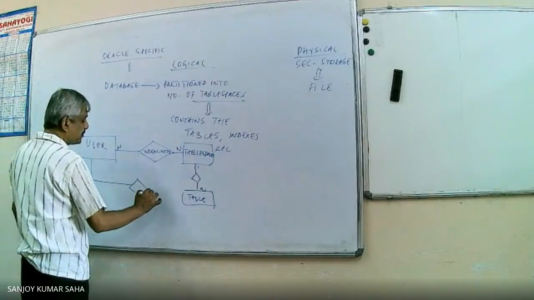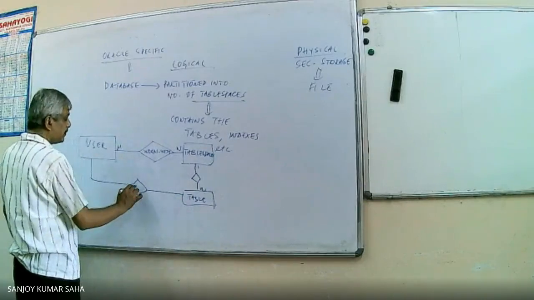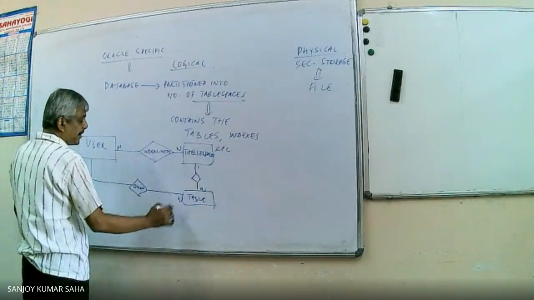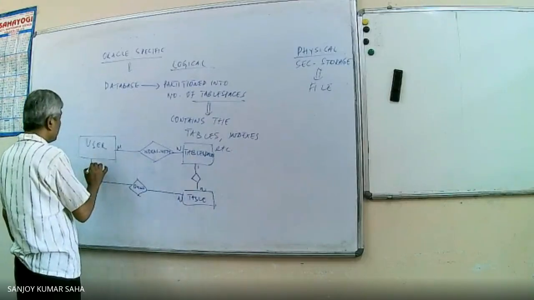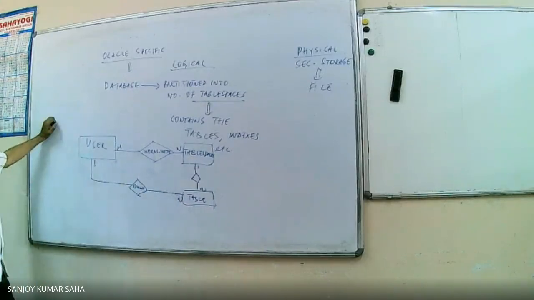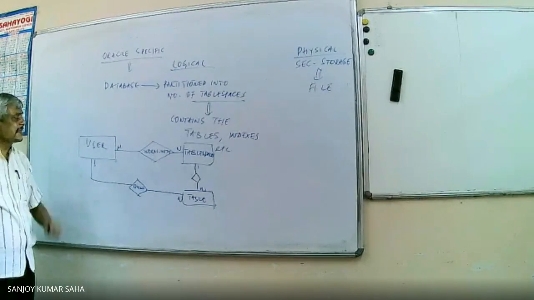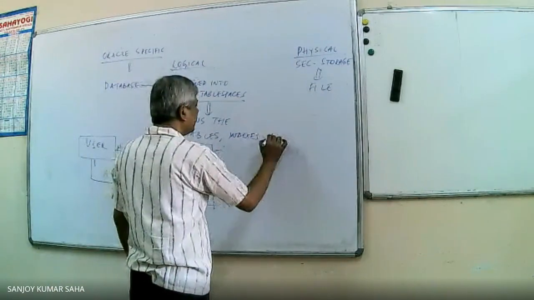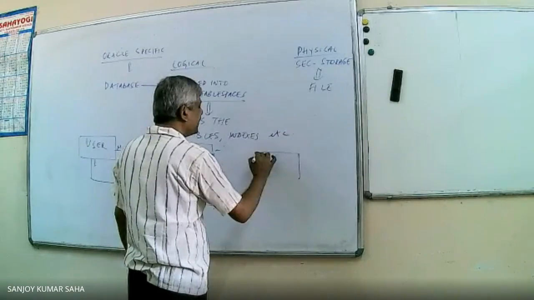A user owns a number of tables, but for a table normally there is one owner. The user creating the table is the owner, although I can grant ownership to others also, forget it. Not in that sense, but anyway. Physically we have the file.